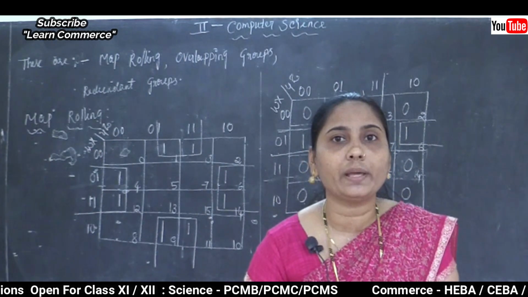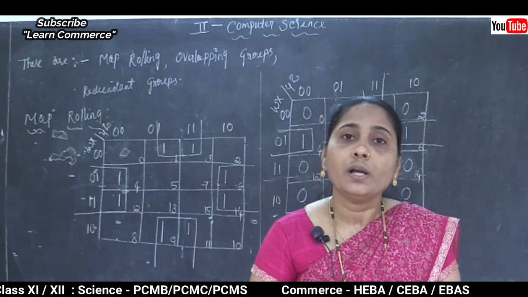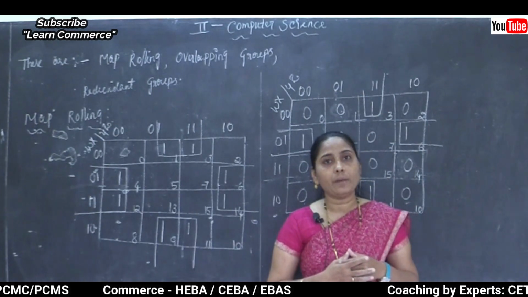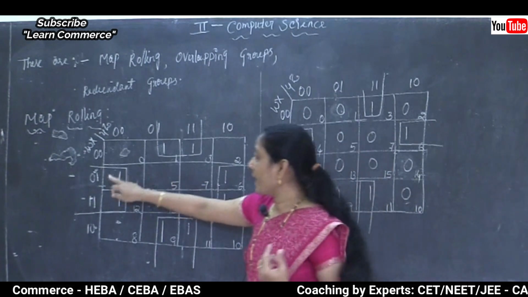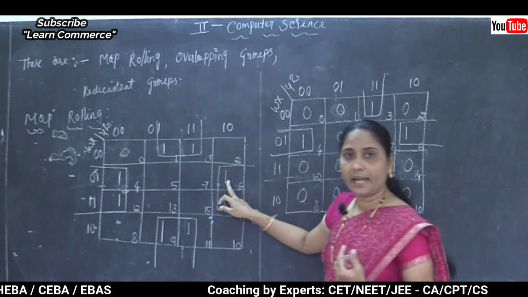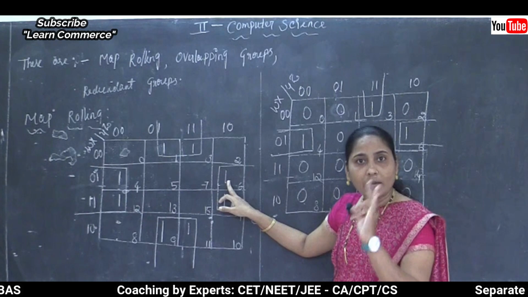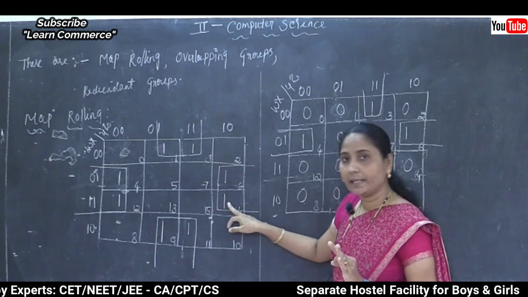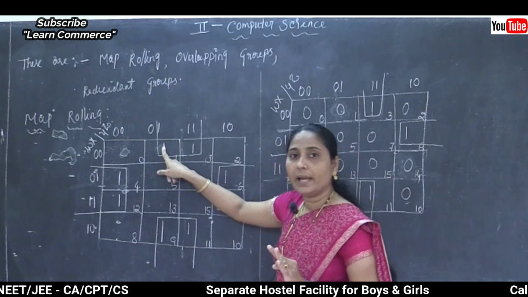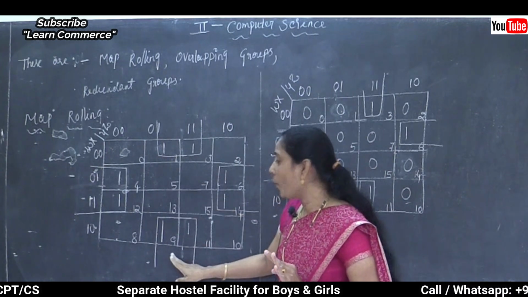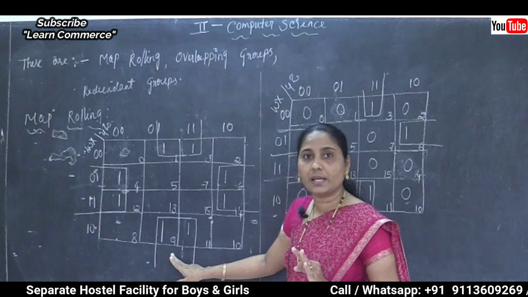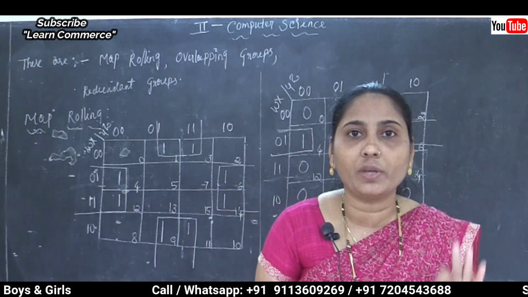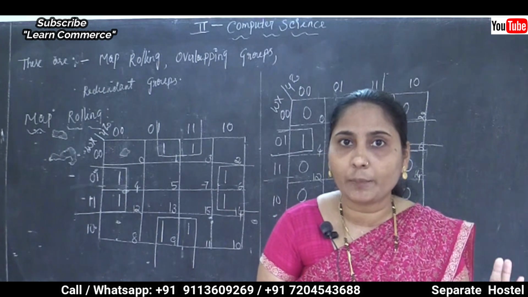Consider the map such that its left edge touches the right edge. Clear this point here? The left edge touches the right side edge, and the top edge touches the bottom edge. So this is called map rolling, and this is a very special property of the K-map. So you know about this one.